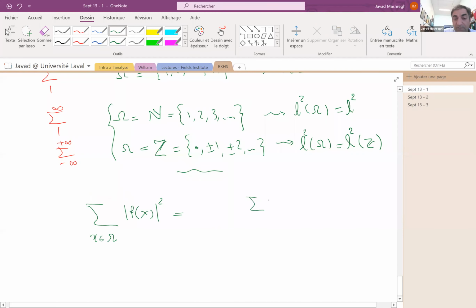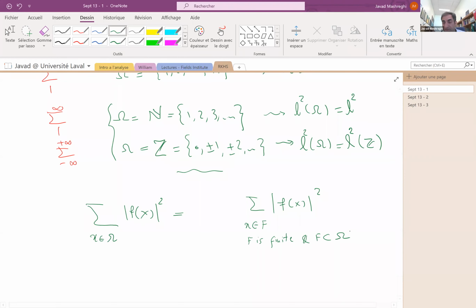You calculate the absolute value of f of x squared, summed over x in a set F, when F is finite and F is a subset of Omega. So you consider finite subsets of Omega, and when it's finite, the sum over x in F of mod f squared is well defined. Of course, this quantity depends on capital F.